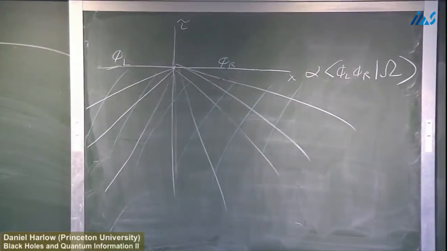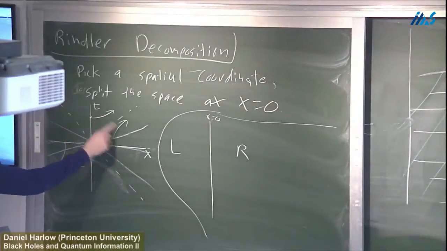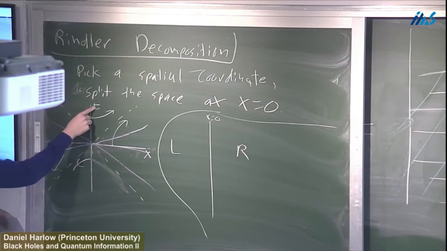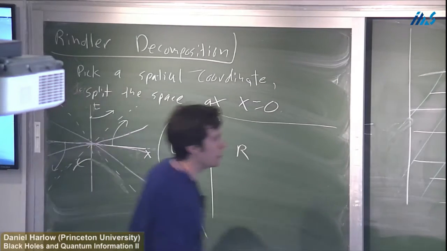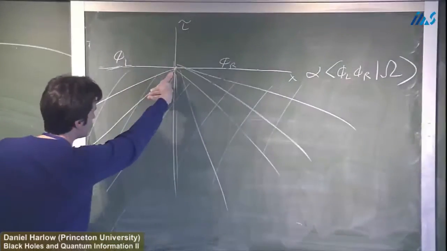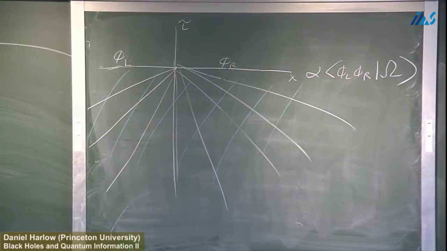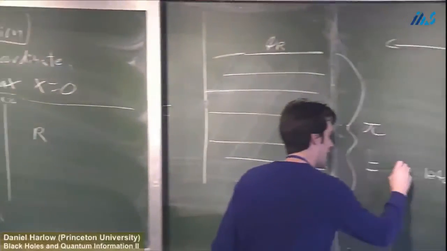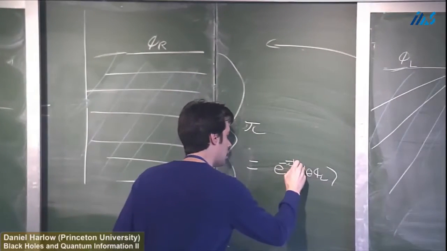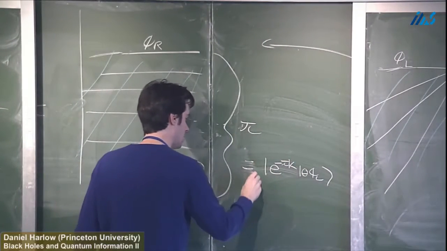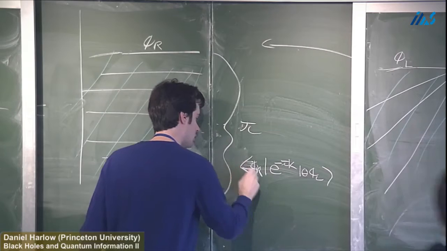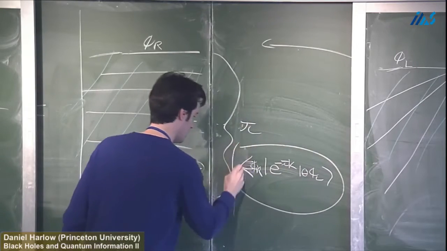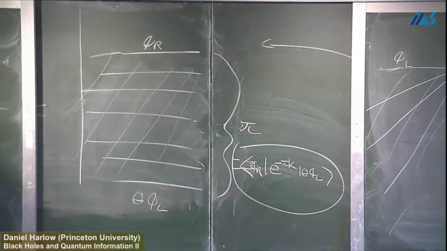The easiest way to see that is you look at how the boost acts on t and x, and then you analytically continue that formula in t, and you find that it's exactly this. Which means that what this has to be equal to is that I take theta phi left, I act with e to the minus pi k, where k is the boost operator, and then I project onto phi right.